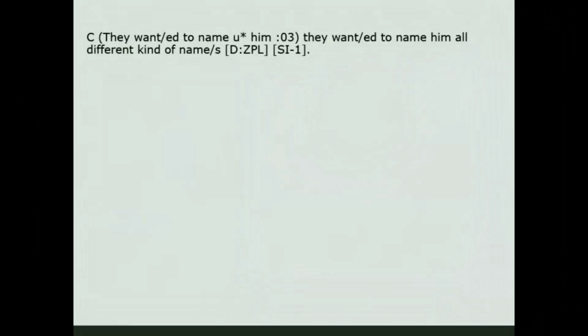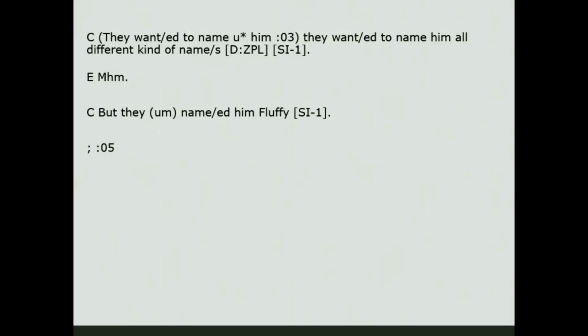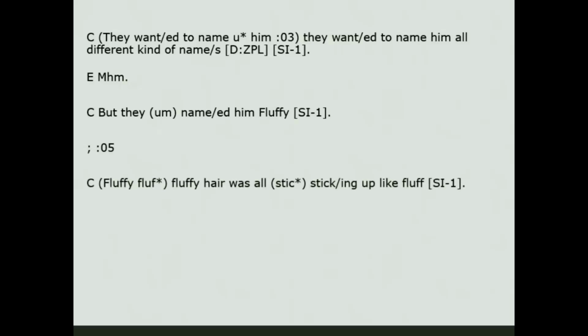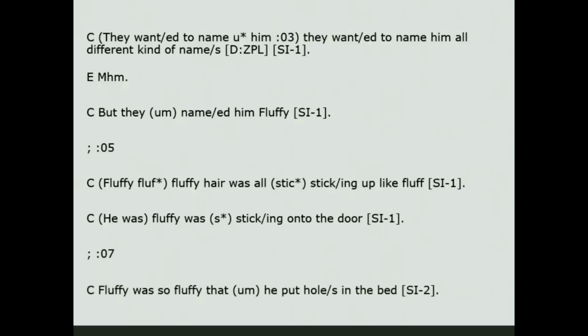To name him, they wanted to name him all different kind of names, but they named him Fluffy. Fluffy hair was sticking up like fluff. Fluffy was sticking onto the door. Fluffy was so fluffy that he put holes in the bed.